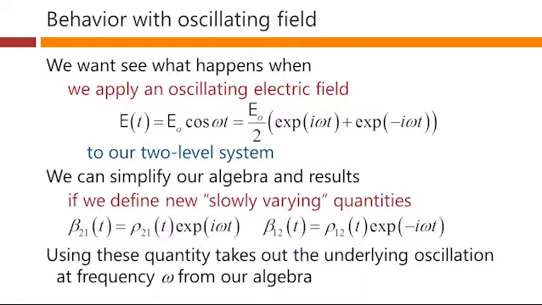Using these takes out the underlying oscillation at frequency omega from our algebra. So there's a frequency omega oscillation that is buried in here that we're taking out in this term as well. And these terms here are then slowly varying in that that oscillation has been taken out of those algebraically.